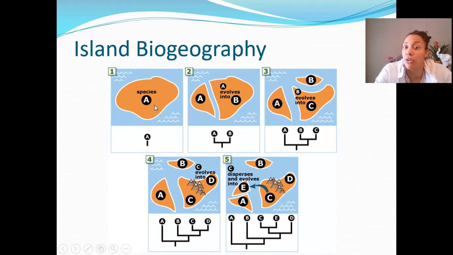So again, here's some different looks at how we can see evolution through that. Species A is kind of like our control group, what it all started out with.